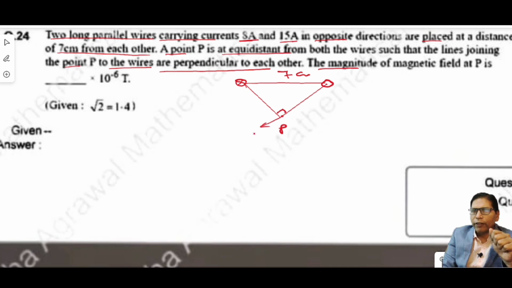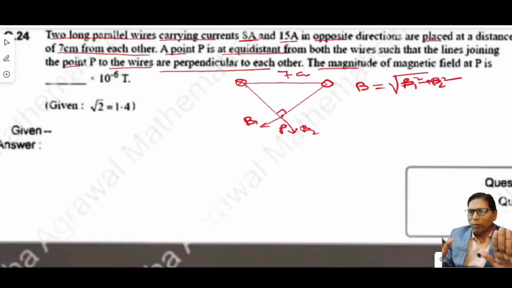And the magnetic field due to this outward current is directed along this direction. So these two magnetic fields B1 and B2 are perpendicular to each other. Now we have to calculate the resultant magnetic field B equals root under B1 square plus B2 square. Okay, no problem.